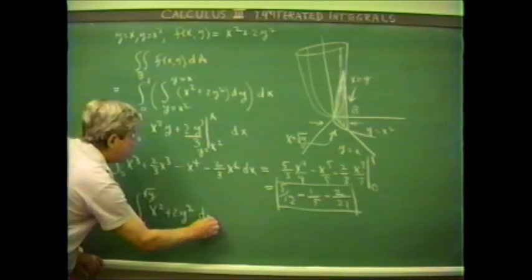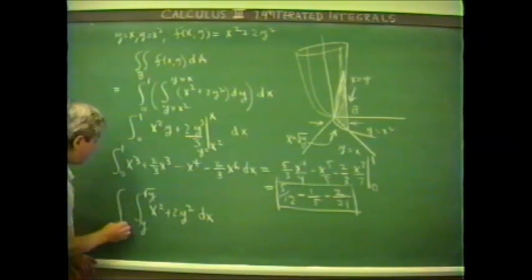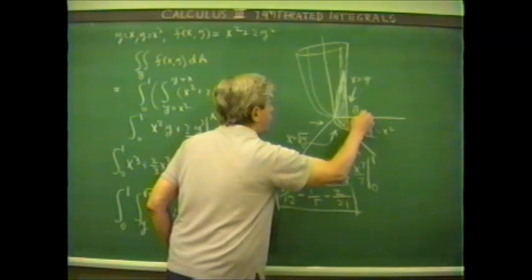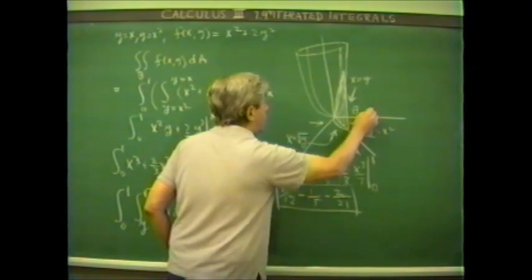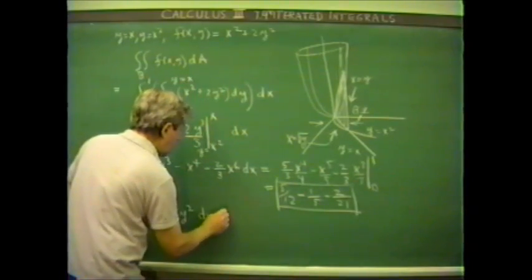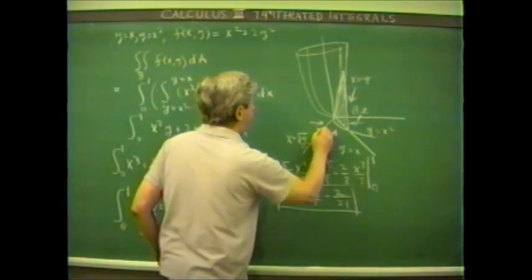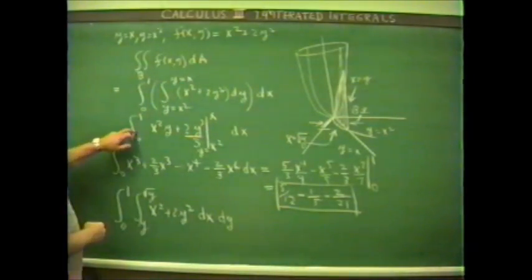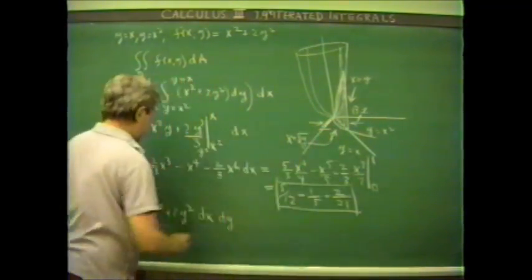Here we integrate first with respect to x, and then integrate from 0 to 1, because we would be going here from 0 over to 1 in this direction with respect to y. The original 0, 1 in this integral was the 0, 1 in this direction right here. This 0, 1 is from here to here.